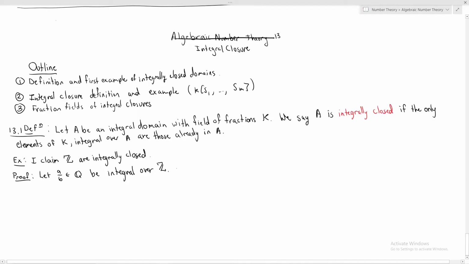Okay, so by definition of integral, I can find some monic polynomial that this satisfies. Let f of x be x to the n plus c sub n minus 1 x to the n minus 1, and so on, plus c naught. This is a polynomial with integral coefficients that has a over b as a root.